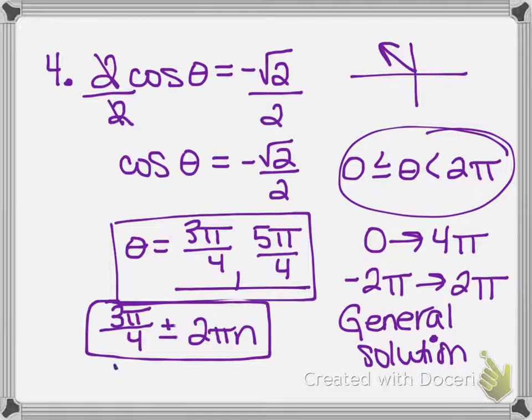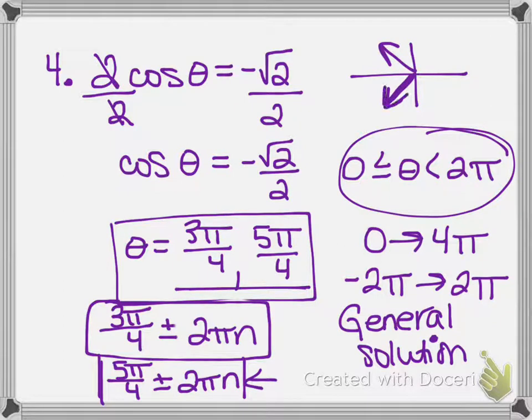Okay, and then we just do the same thing with the other answer, 5 pi fourths, and we just put plus or minus 2 pi n behind it, because then it does the same thing. Here's 5 pi fourths. Putting the plus or minus 2 pi n behind it gives me the list of all of the angles that would terminate right there.